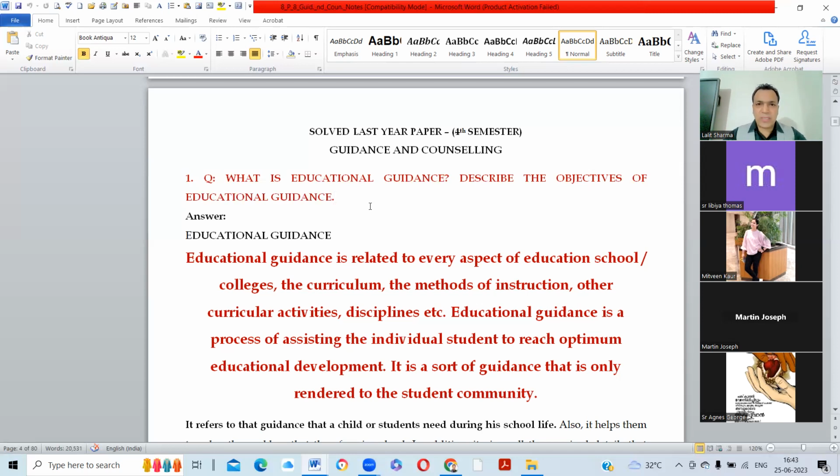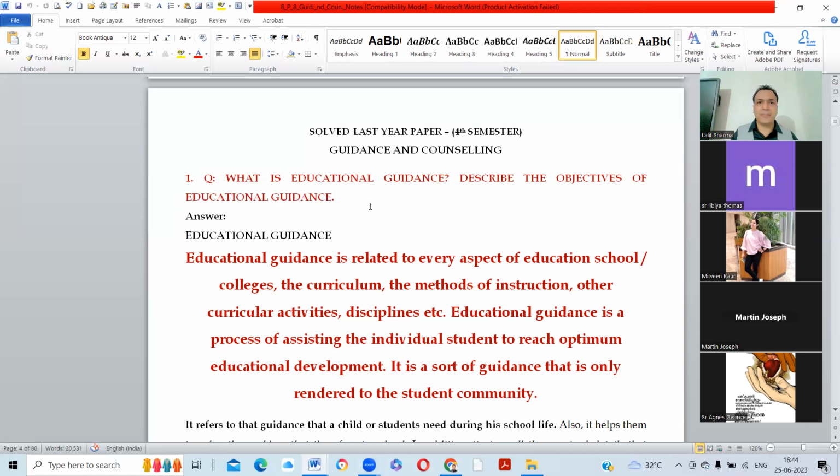Most of the teachers understand that the purpose of a teacher is to finish the syllabus, nothing else. So your duty is not completed by giving the lecture, irrespective of whether the student grasps it fully or not. This is not teaching.